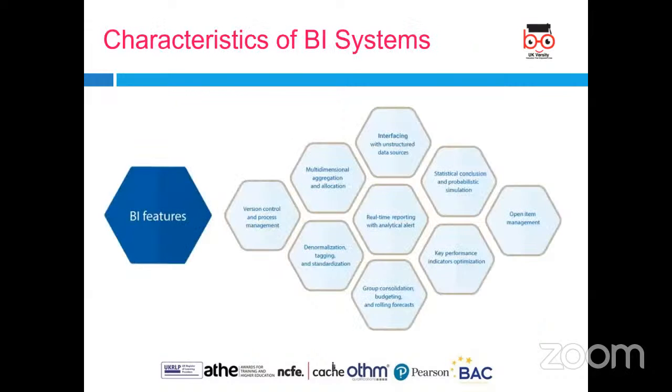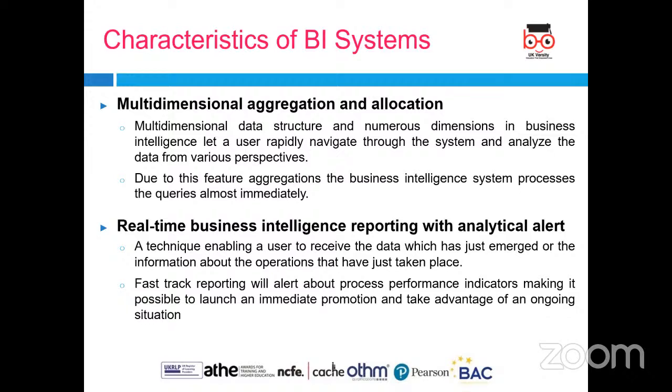So a couple of the features and characteristics of a BI system are that we can now interface with unstructured data stores, multiplication, aggregation and allocation, version control and process management, statistical conclusion and probabilistic simulation, and many other advantages such as real-time reporting with analytical alerts.